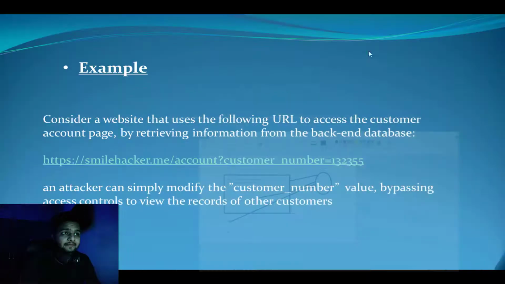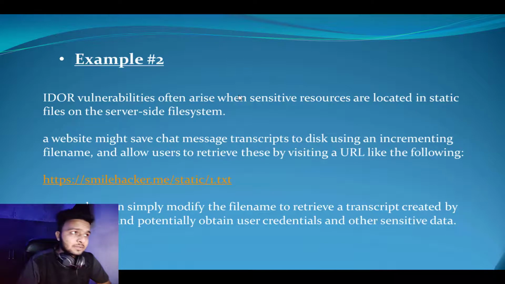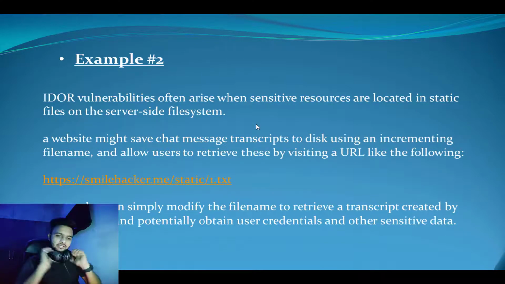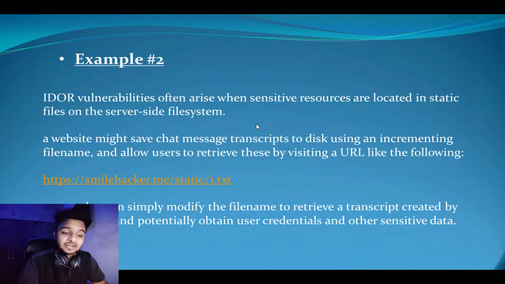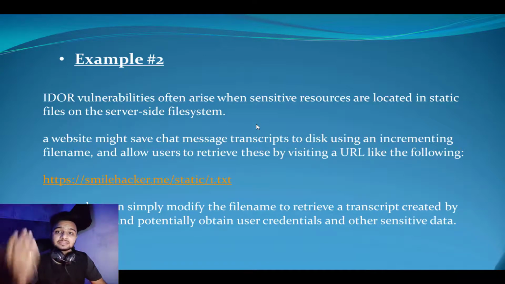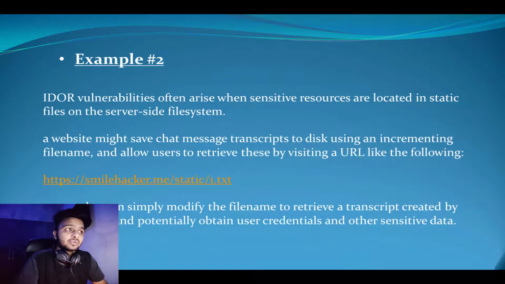Okay, so let's take another example. Not only user information, there are also files which contain file IDs and secure file IDs. IDOR vulnerabilities often arise when sensitive resources are located in static files on the server side file system. Suppose a website might save chat messages, transcripts or user IDs and passwords to the disk using an incrementing file name.